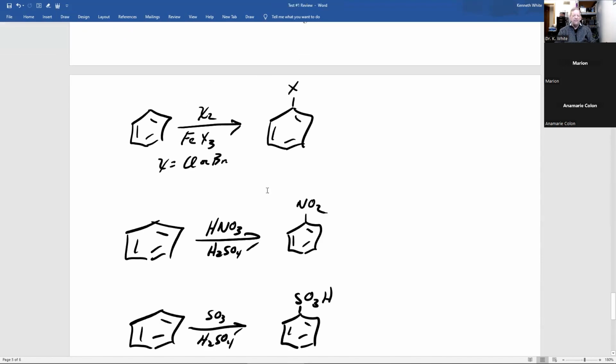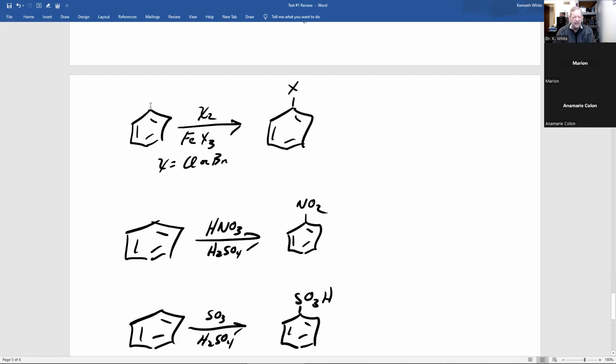Now, when you have a benzene ring, you do not want to break those double bonds, because that gives it a stability that it doesn't want to give up. So for benzene, unlike a regular double bond, like in cyclohexane, you don't break the double bonds.